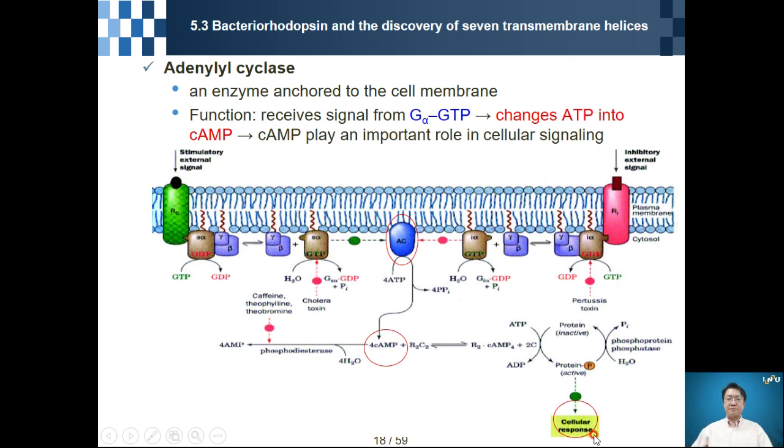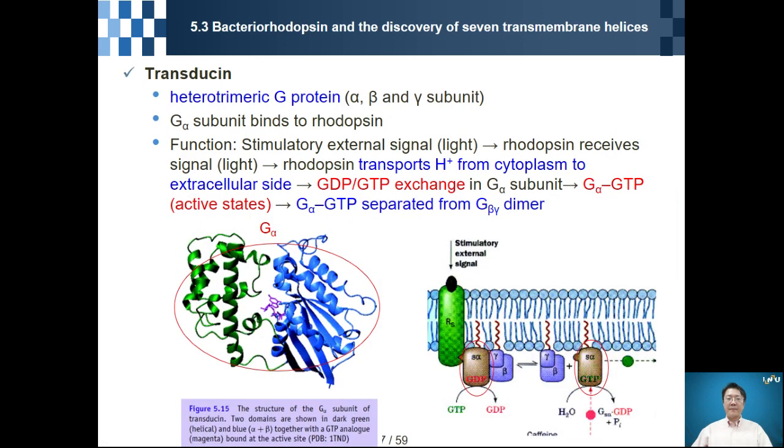The important thing is that after rhodopsin received the external signal, rhodopsin has 7 transmembrane helices, and in the G helix they have the lysine residue. In that lysine residue, usually the retinal is bound.